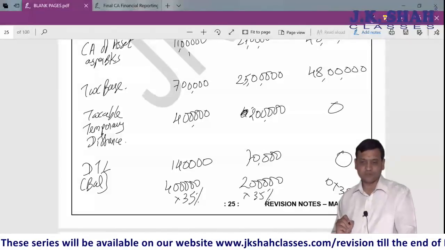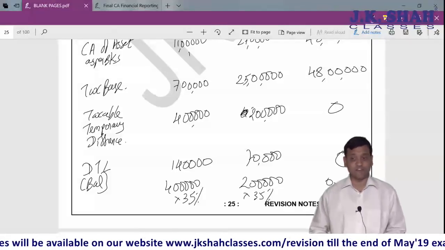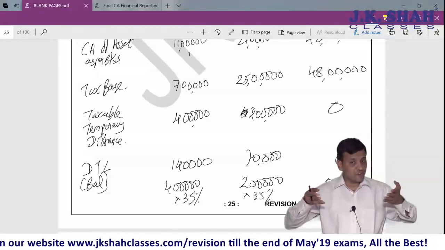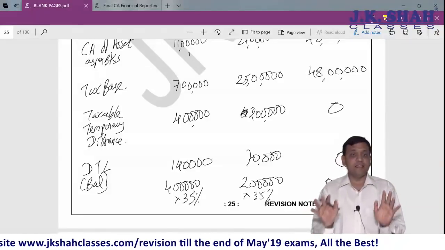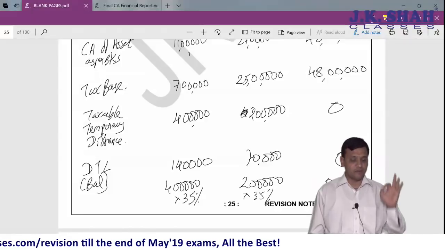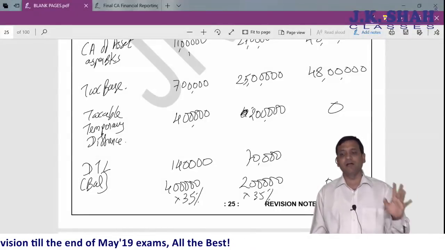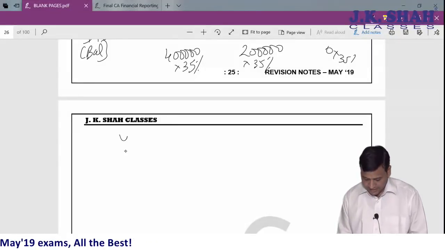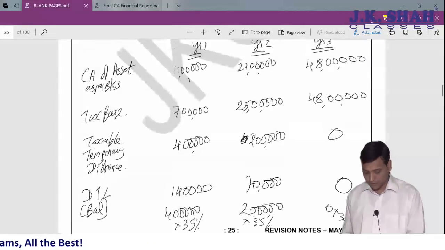Means I want a balance of 70. ये balance है, this is not deferred tax liability created. Remember, this is not deferred tax liability. ये मेरा balance है, कि इतना deferred tax liability में balance मांगता। First year पे 140 मांगता, second year पे 70 मांगता, third year के end पे I want the balance to be 0. So can I say year 1? Yeah, you're copying. Please copy.